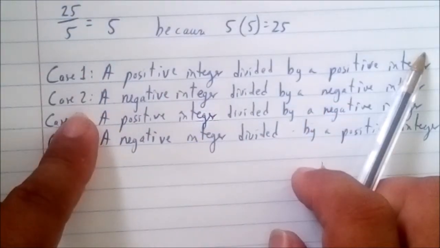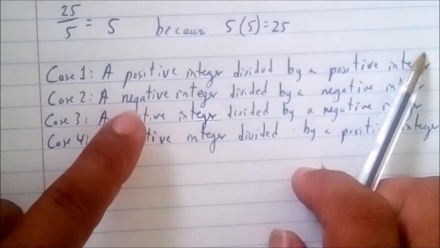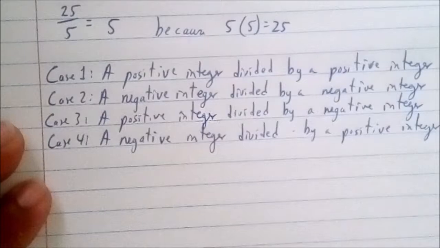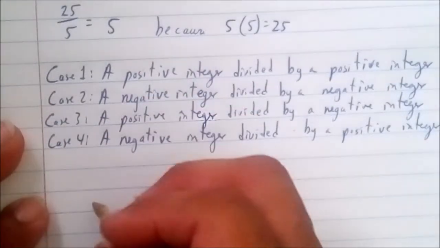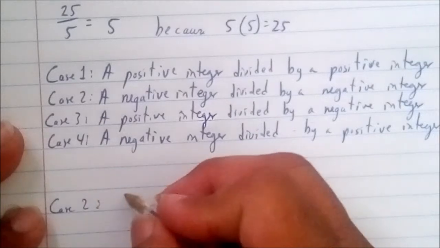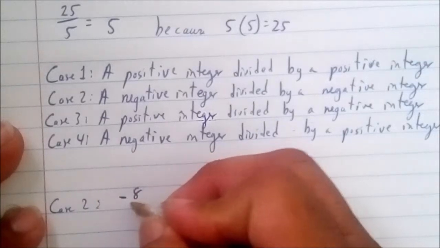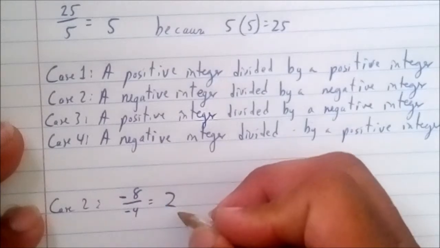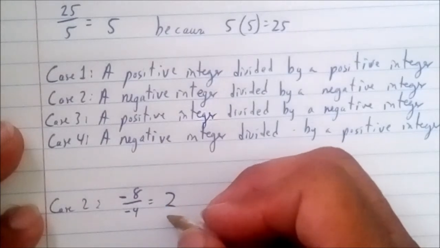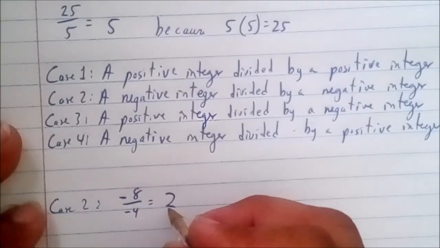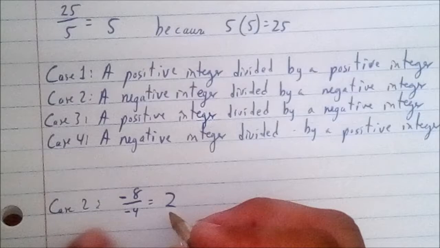So from experience, we know that the result is positive because a positive divided by a positive gives us positive. Case 2 now, a negative integer divided by a negative integer. As an example for case 2, negative 8 divided by negative 4 gives us 2. How? By examining the relationship between multiplication statements.